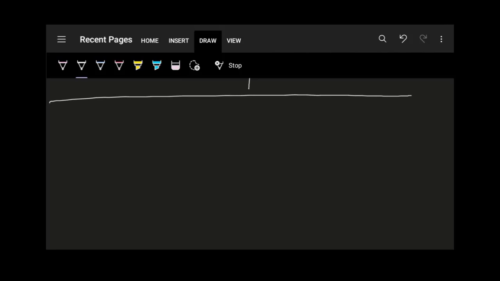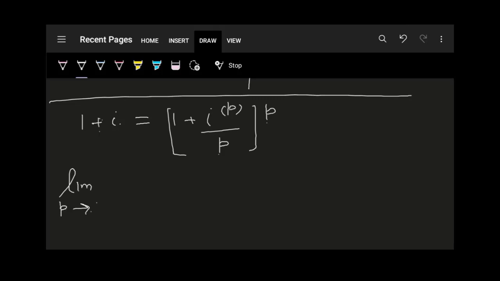In chapter 5, we saw this result in earlier videos. 1 plus I is equal to 1 plus IP upon P, to the whole power P. We saw this result for switching between effective and nominal interest rate. Now I am taking the limit on both sides and letting P tend to infinity.